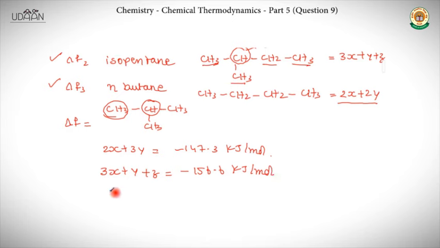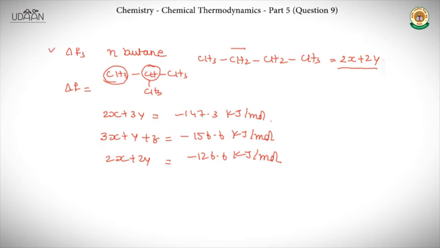And for the third equation, 2x plus 2y is equal to minus 126.6 kilojoules per mole. By solving these equations, I can get the values of x, y and z.